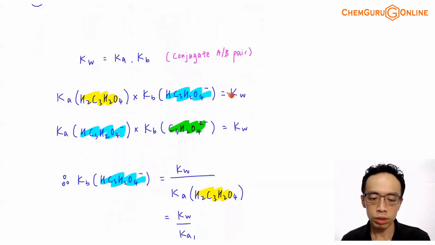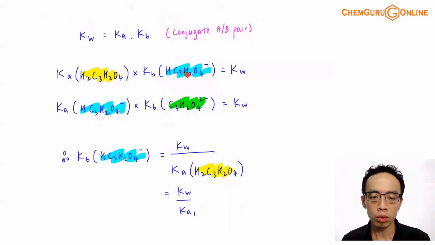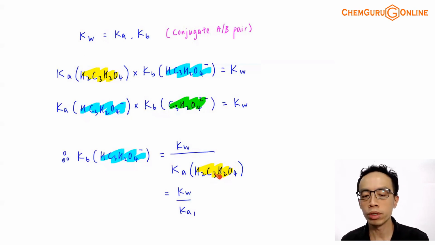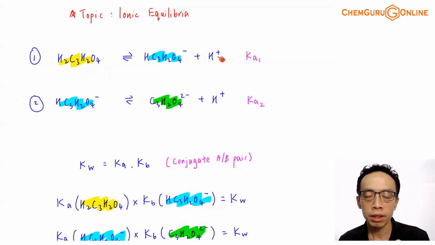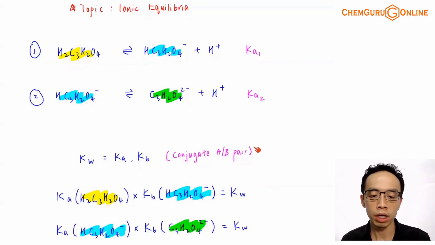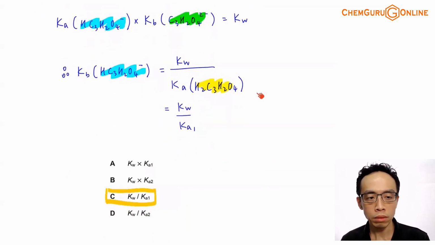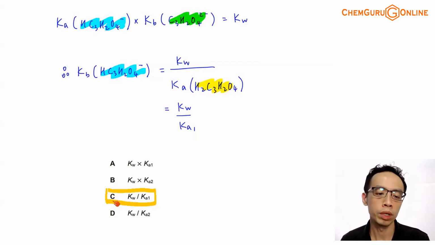So I just need to rearrange this: my Kb will be Kw divided by Ka of H2C3H2O4, and the Ka value that we should be using is Ka1, because H2C3H2O4 is my first acid, and the acid dissociation constant that quantifies the first dissociation is Ka1. I should be using Ka1 instead of Ka2. So the answer to this question, the Kb of HC3H2O4 minus, will be Kw divided by Ka1. So the answer will be option C.